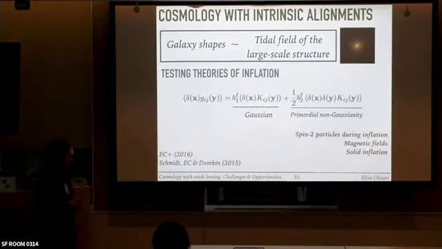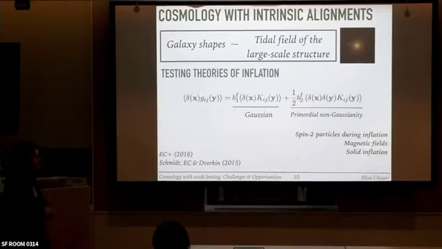If we have a universe that's Gaussian, then the correlation function of the density field with the shape of a galaxy will be given by this term over here. This is a simple linear term that relates the shape of a galaxy to the tidal field via some bias parameter that's called here B1i.